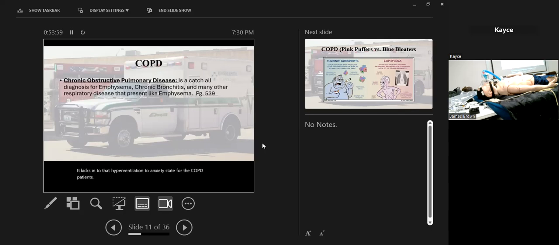A lot of COPD patients, you'll see them living at 88, 89% oxygen. But once it drops lower, like 85, 80, then it starts kicking in that respiratory need to breathe.